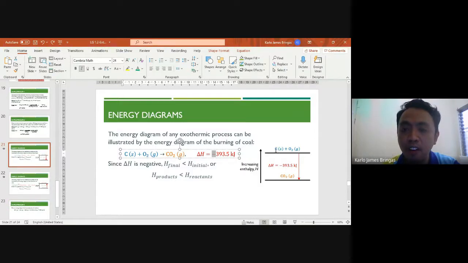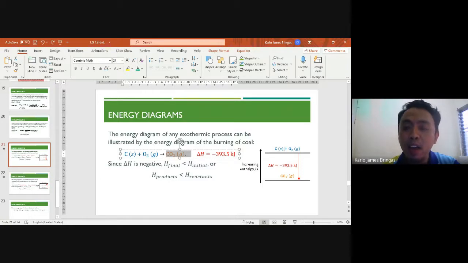On the upper layer, we write our reactants, which are the carbon and the oxygen. On the lower layer, we write the product, carbon dioxide. To complete our diagram, we draw an arrow pointing down, and beside the arrow, we write the value of delta H, which is negative 393.5 kilojoules. So that completes our energy diagram.